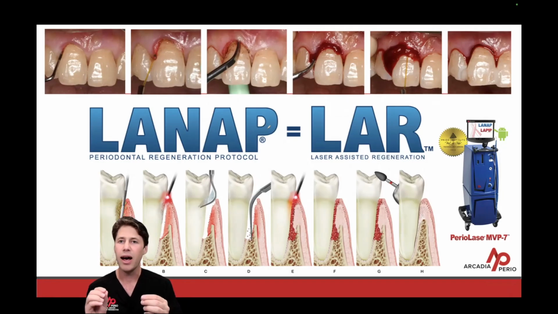What does that mean? I'm going to make the bone bleed. I'm going to stimulate it. I'm going to get it excited. Why? Because then I'm going to get the body to release its own stem cells. Why is that important? Because now I'm going to use the regenerative potential of the stem cells in the form of a laser generated blood clot.